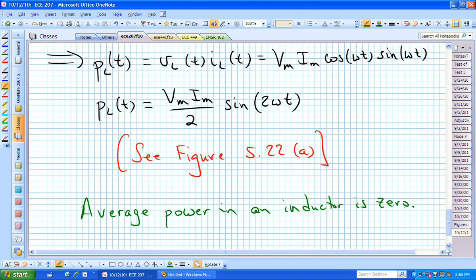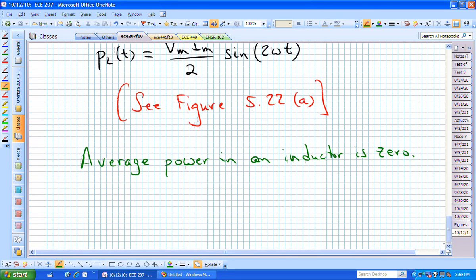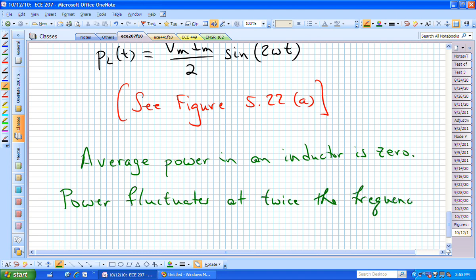That's one of the observations we can draw from that instantaneous power formula. And this power fluctuates at twice the frequency of V sub L and I sub L.